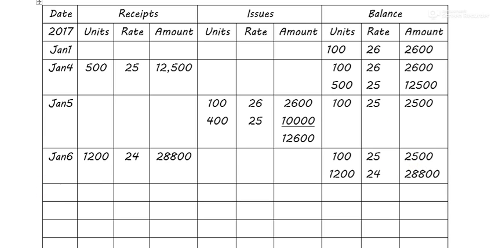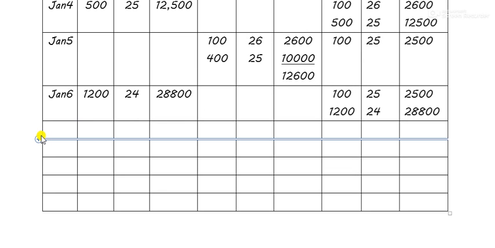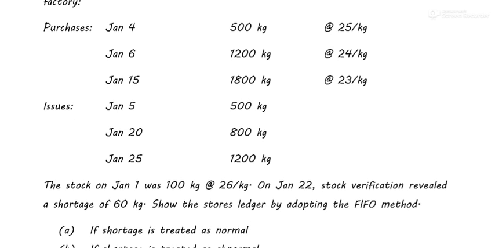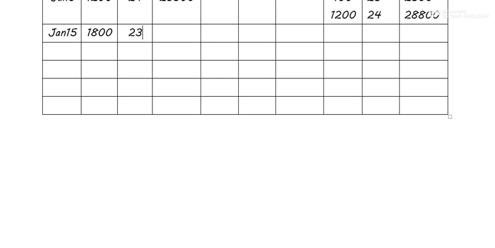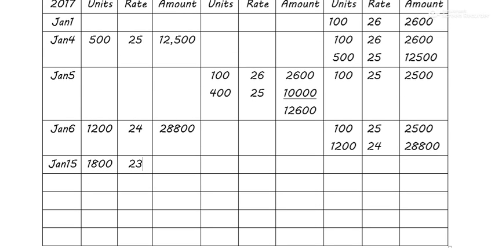Now on the next date, again purchases were made. On Jan 15, purchases were made at 23 rupees per kg for 1800 kg, so the total comes to 41,400.